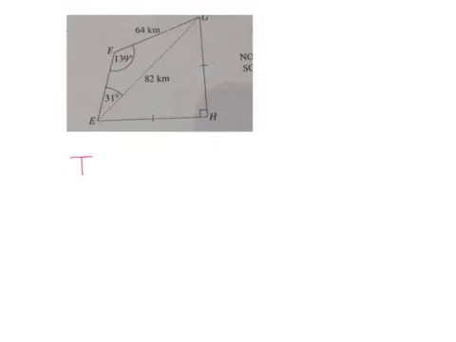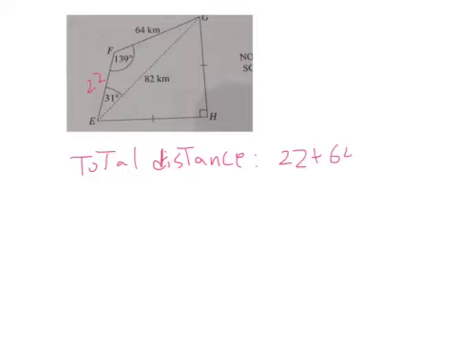So the total distance would be just adding all the sides, and would be 22, the first one that we found, plus 64, which is given to us, plus 58, which we found, another 58, and the sum of all that would be 202 kilometers. So this is the whole distance that Raj cycled.